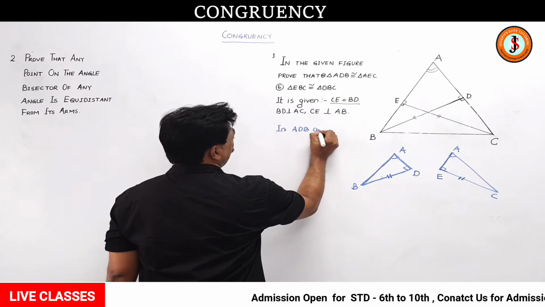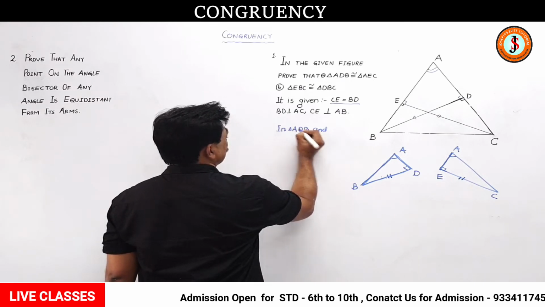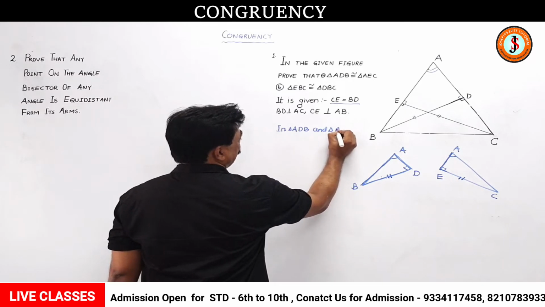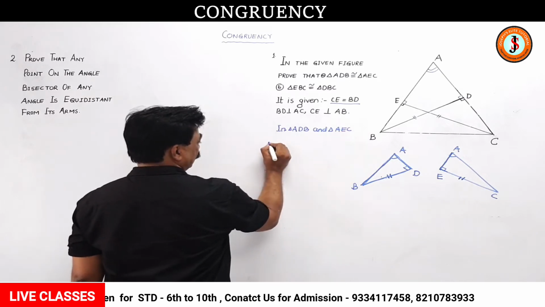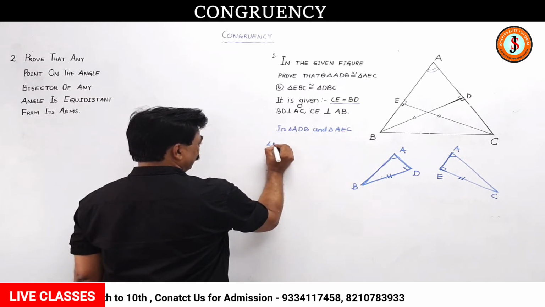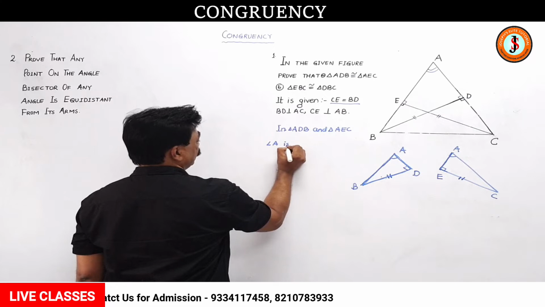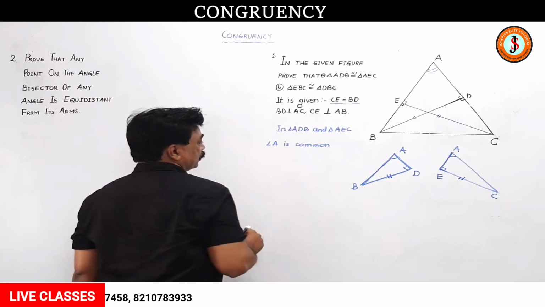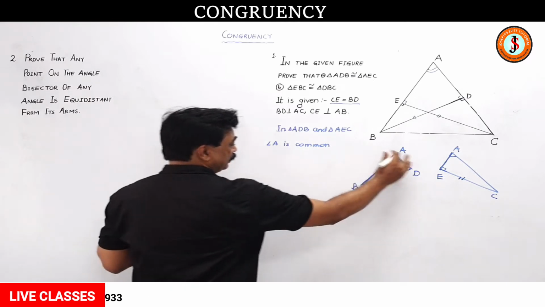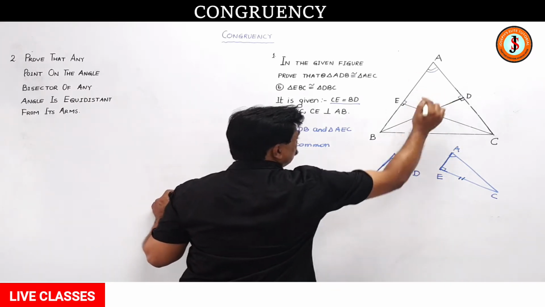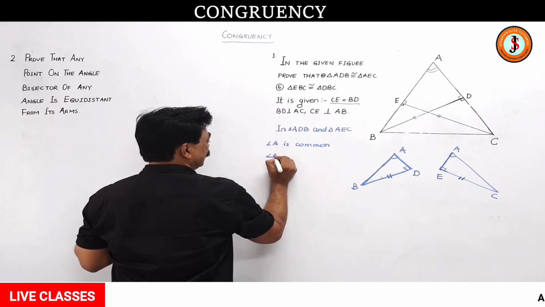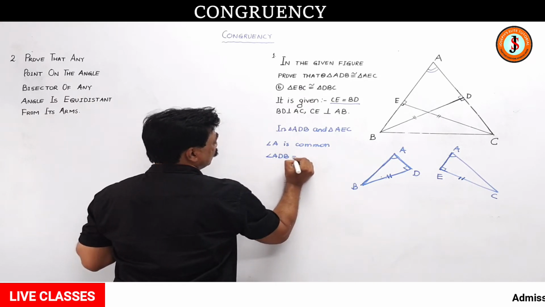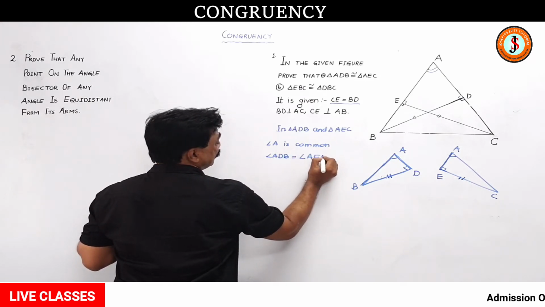So, now it is easy for us to write. In triangle ADB and triangle AEC, what happens? Angle A is common in both. Now, angle ADB is equal to angle AEC, each 90 degree.